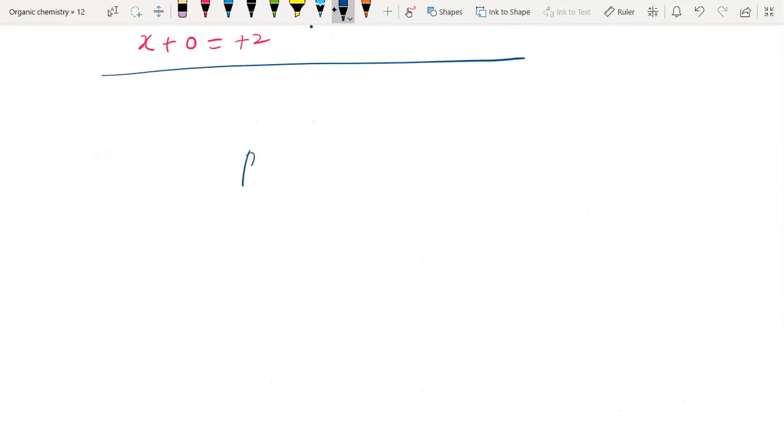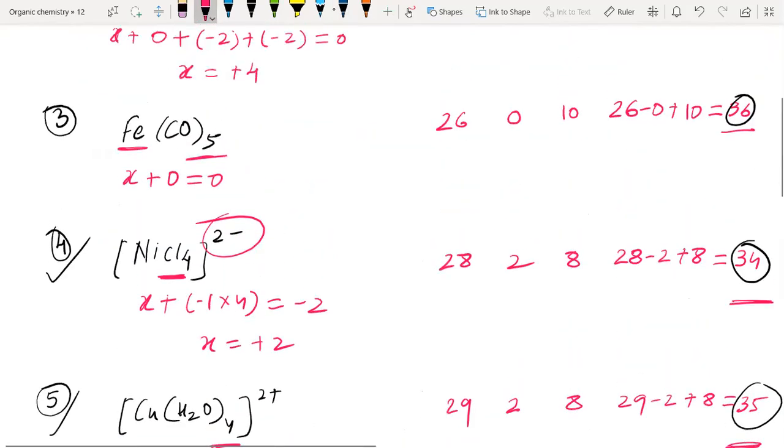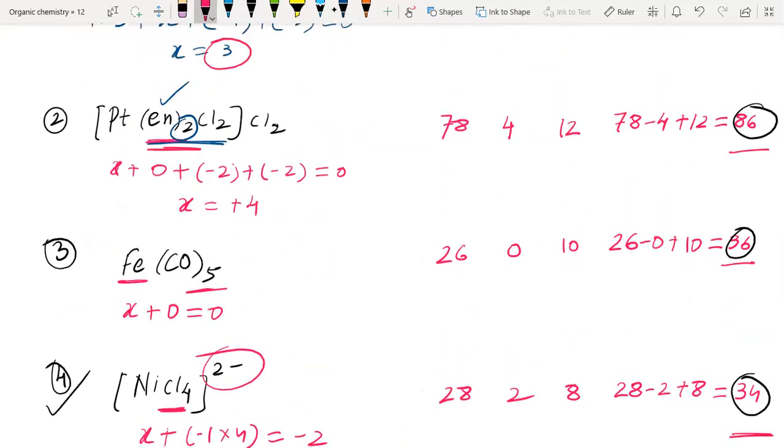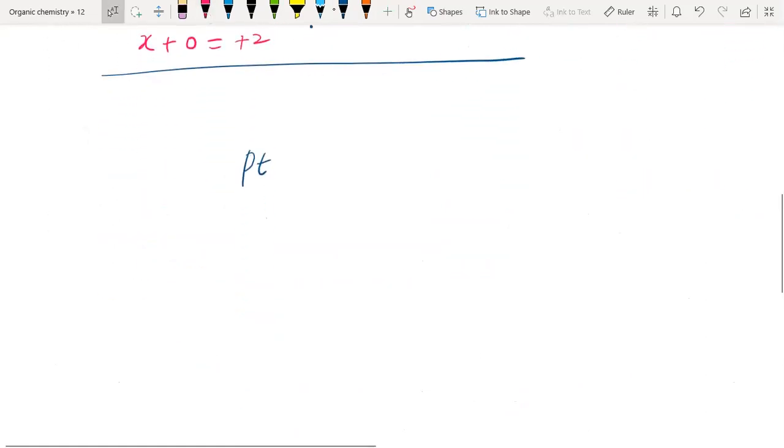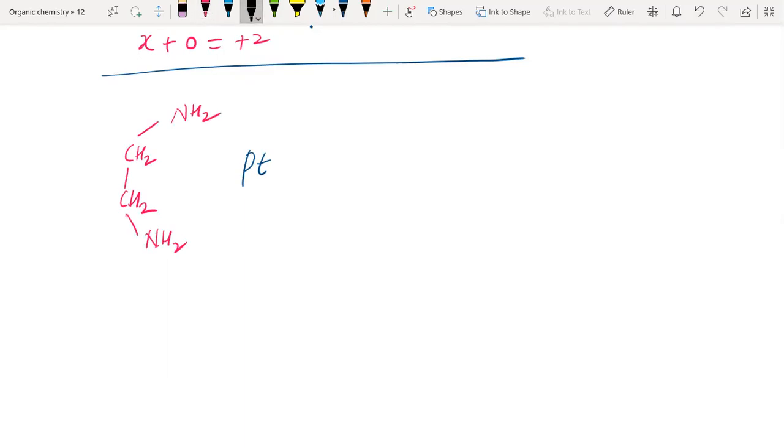As you see there, platinum is the central metal atom. Now en is ethylene diamine. How many are there? 2 molecules are given, so that means 4 donors are there. We'll see how. CH2 is there, this is the structure of ethylene diamine, 1 molecule. Nitrogen contains a lone pair.